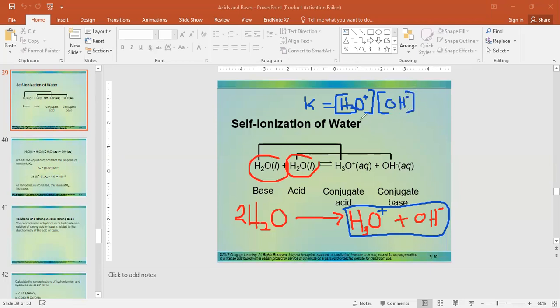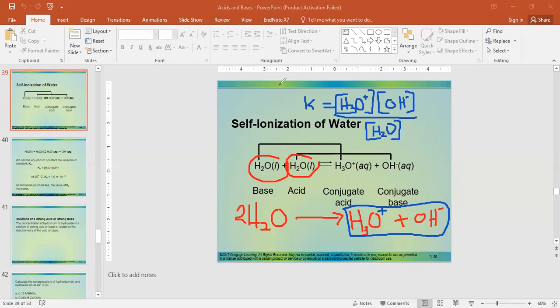And then we divide by the product of the concentration of the reactants. So the reactants here, we only have water, and therefore we put in brackets water, H2O.